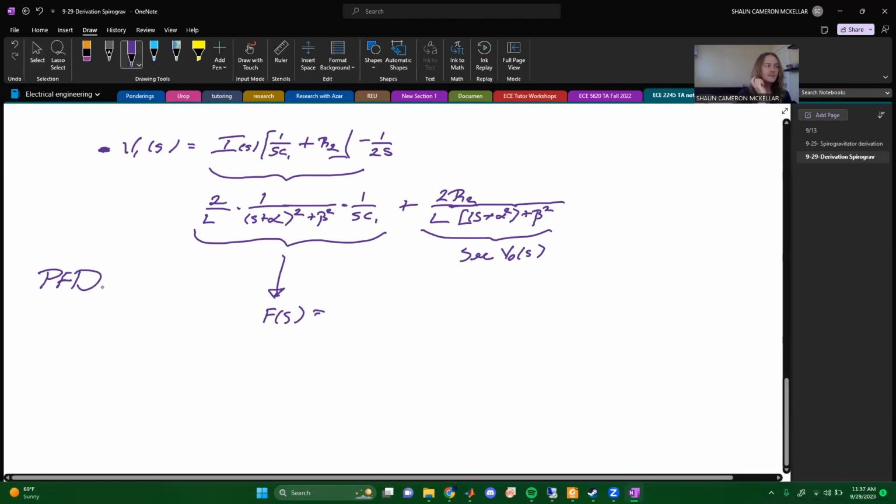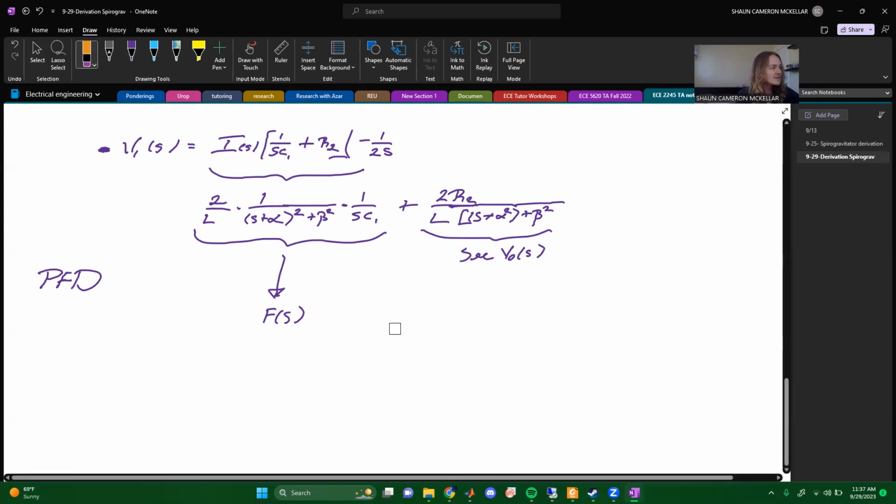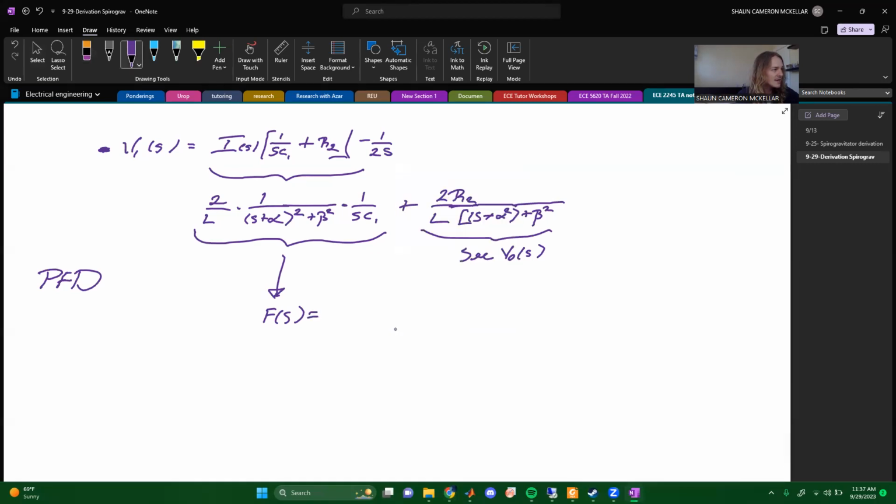However, in this case with the spirogravitator, it is really difficult to work through the partial fraction decomposition, as I'm sure you'll see in just a moment. But just keep in mind that this is probably the hardest partial fractions problem that you'll see this whole course. I honestly think that the homework will be quite a bit easier. So f of s is equal to all of that stuff.